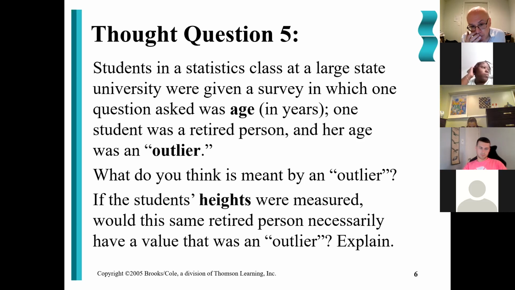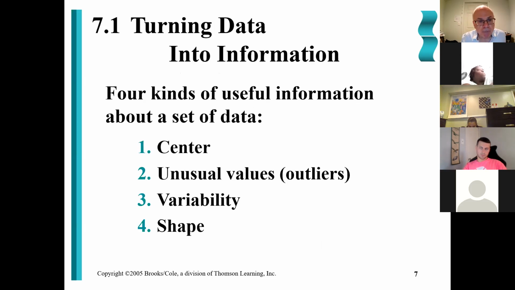I was, I believe at that time, like 57 or 58 years old. So I was definitely an outlier in terms of age, but do you think I was an outlier in terms of height? Maybe, maybe not, right? I'm on the short side, but certainly there are other students who were shorter than me. So not necessarily an outlier in terms of height.